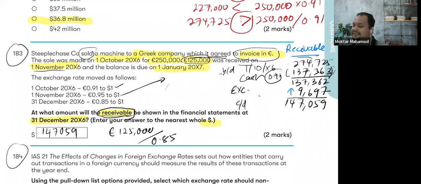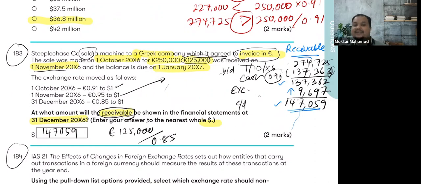If an account payable increases, it's simple. Supposedly, previously you recorded that if the Greek company wants to pay, you will get 137, but because of the exchange rate, 0.85, the Greek company needs to pay you more. So it is a gain. Then you get more cash, 147 instead of 137.